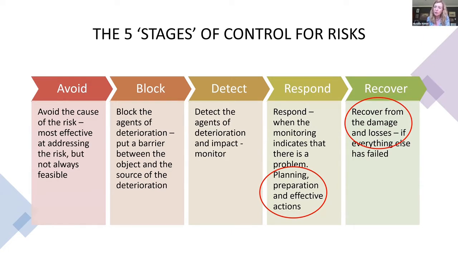And that's what we're looking at today. So planning, preparation, and effective actions. So you're responding when something happens, and sometimes it's not possible to respond effectively, and then you have to recover from the damage and the loss. So we're not going to spend a lot of time looking at salvage because we're just focusing on that pocket response plan, which is your assignment.